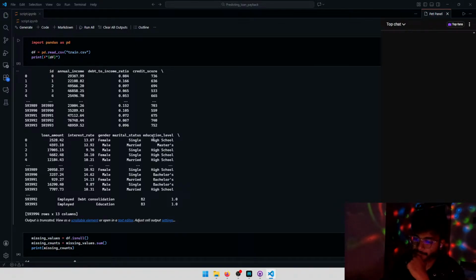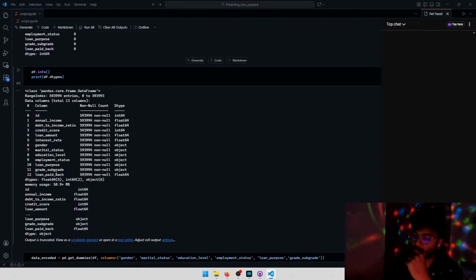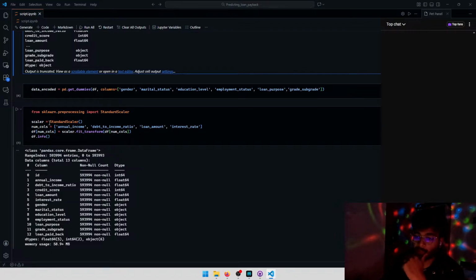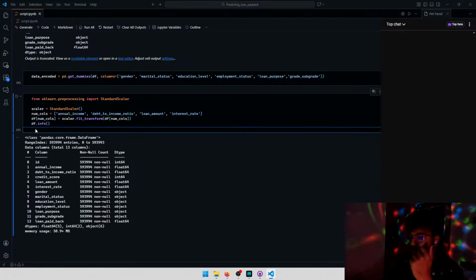Then I checked for missing values and found that there are actually no missing values. Then the types, because there are basically integer and float columns. Then I copied this line of code from somewhere, I don't remember where.